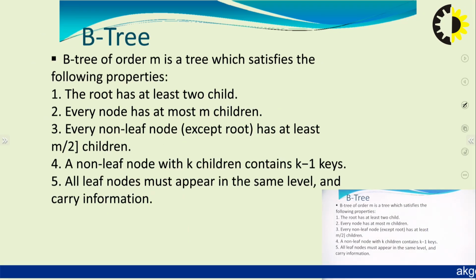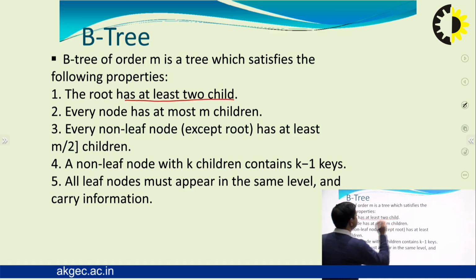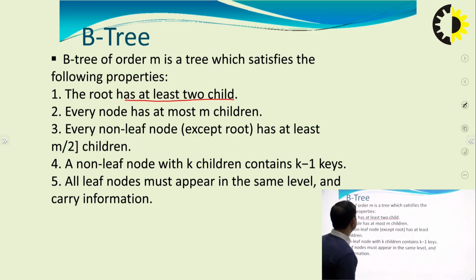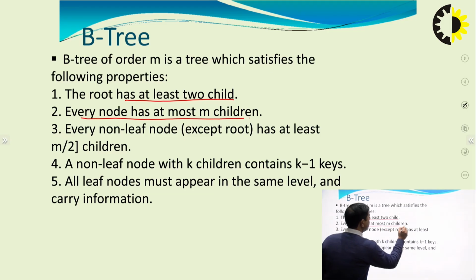Now, in a B tree, M is the order of the given search tree, and it should satisfy the following properties. The first property is that the root has at least 2 children. That can be more than 2, but in a B tree, the root node must contain at least 2 children. The second property, every node has at most M children.